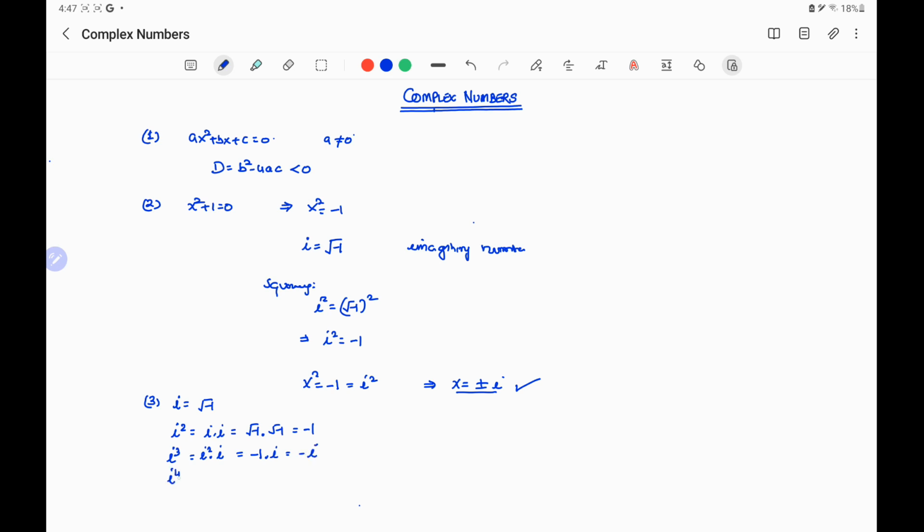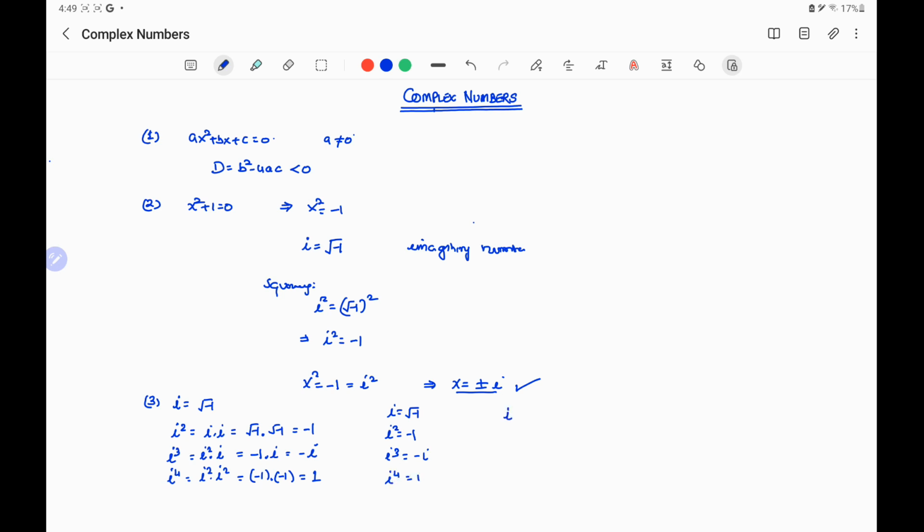Similarly, i to the power 4 will be equal to i square into i square. i square is minus 1, so minus 1 into minus 1 will be 1. So we can write that i is equal to root minus 1, i square equal to minus 1, i cube equal to minus i, and i raised to the power 4 equal to 1.